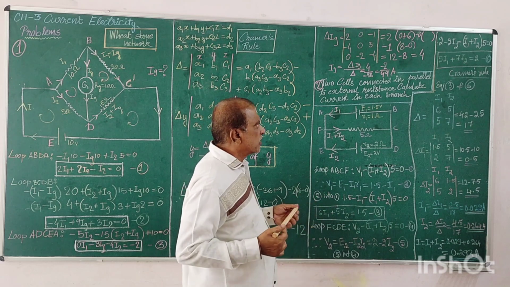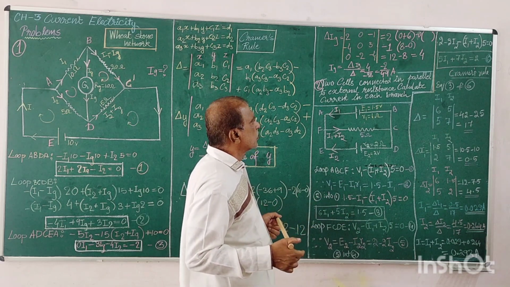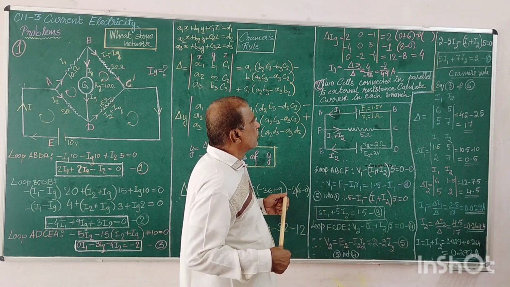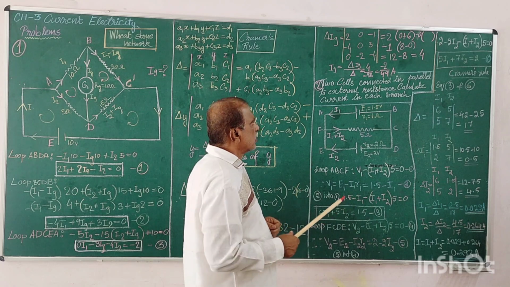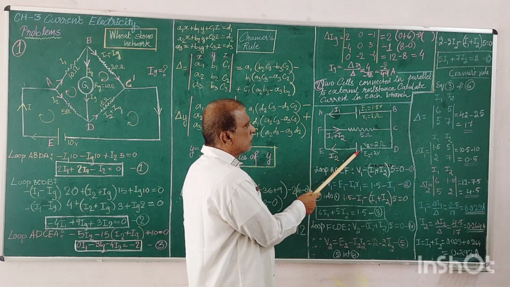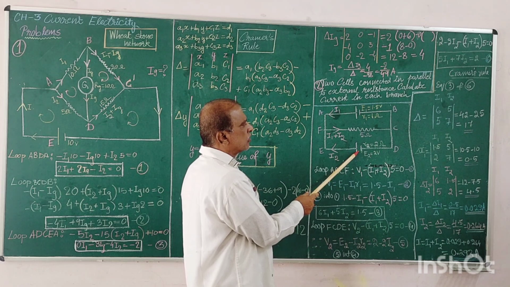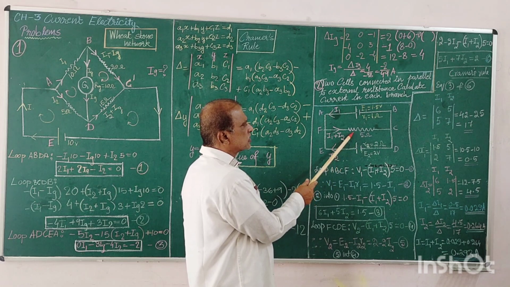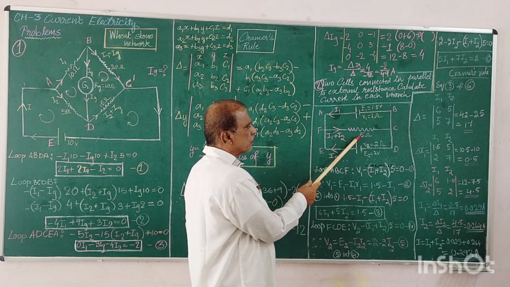The diagram is not given. The problem, I read the problem. There are two cells which are connected in parallel to external resistance. The value is mentioned.